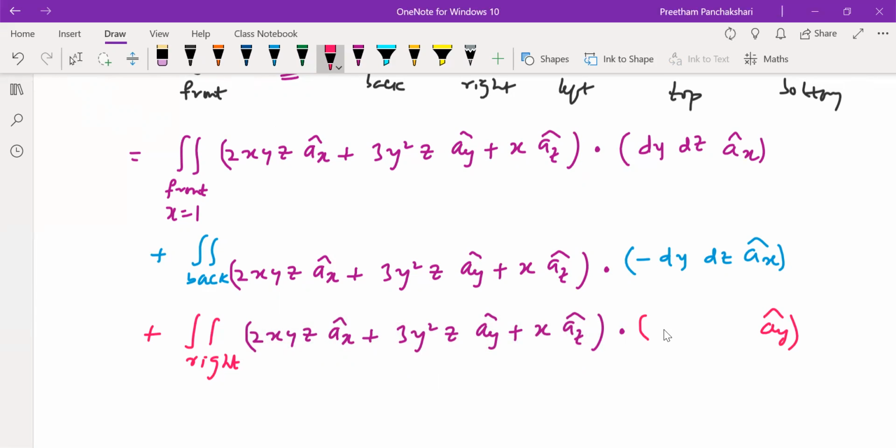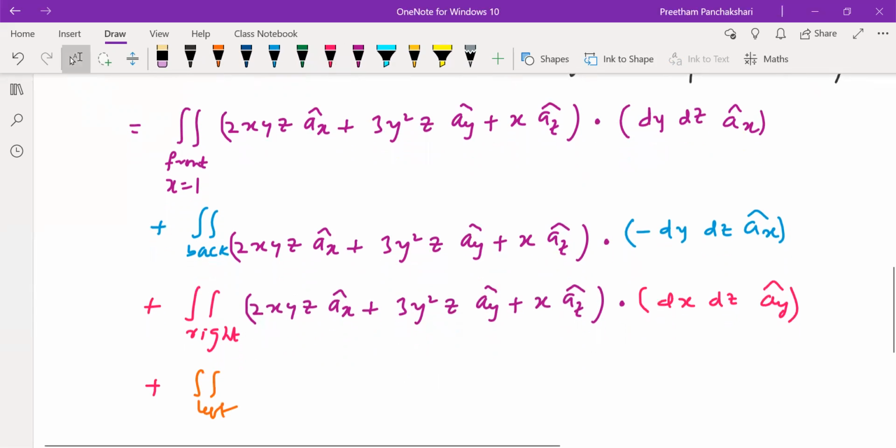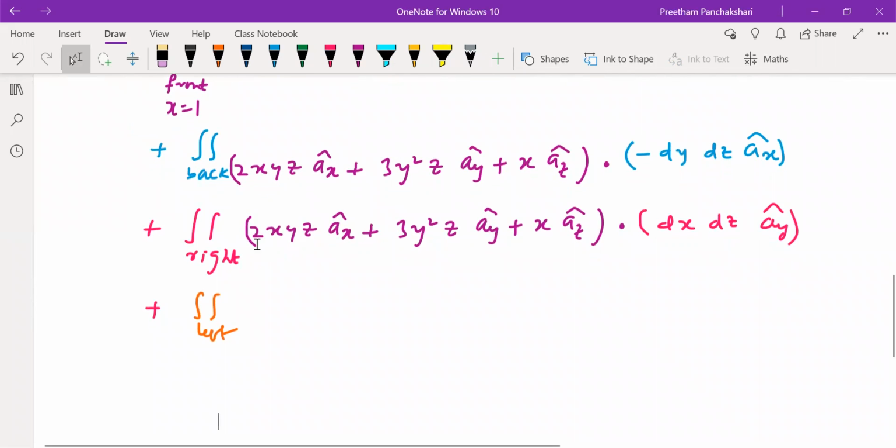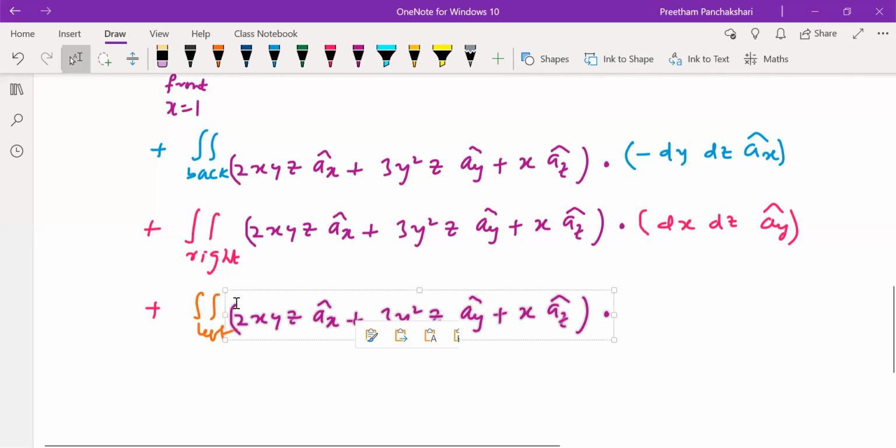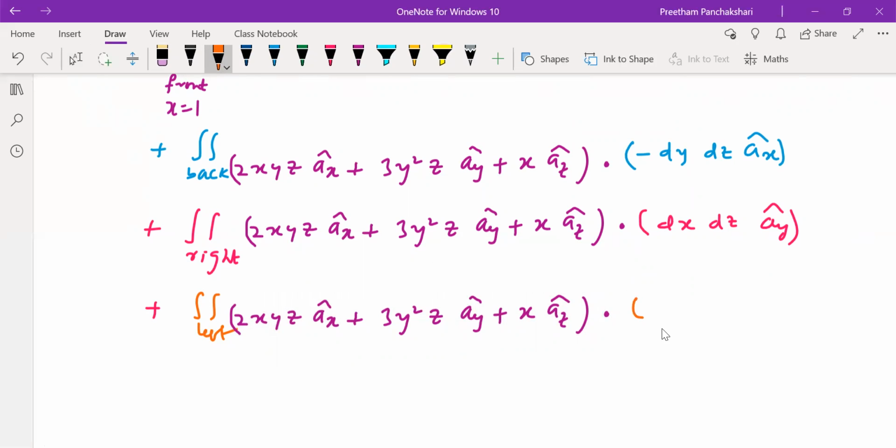So apart from y, the other two, that is dx into dz, will form the side. Now the same way, the left face, the same equation. Now you tell me what should be the ds. It's going to be same as the right face, but with minus y-axis.